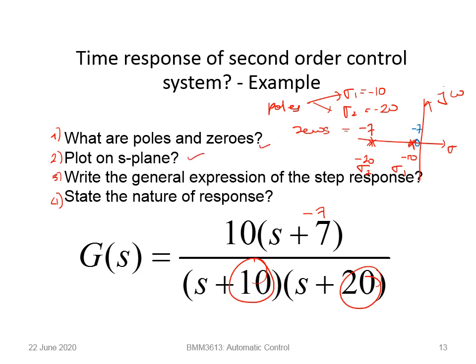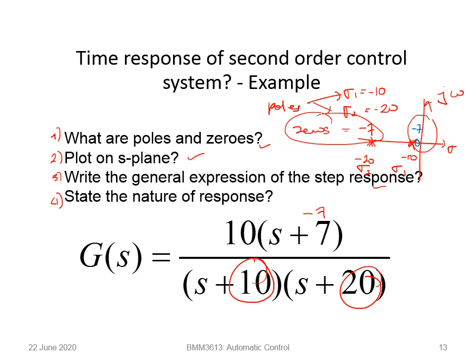Write the general expression of the step response. What kind of step response is this? Of course, there's a small difference now that we have a zero. Previously we didn't have a zero, but does it influence the step response in any way? No. Why?